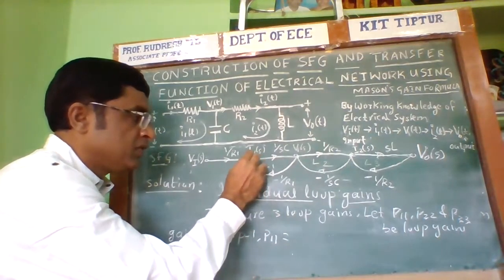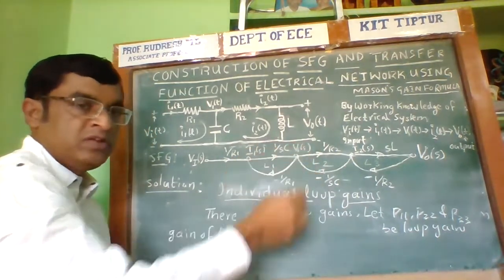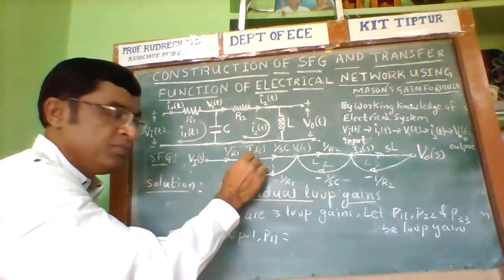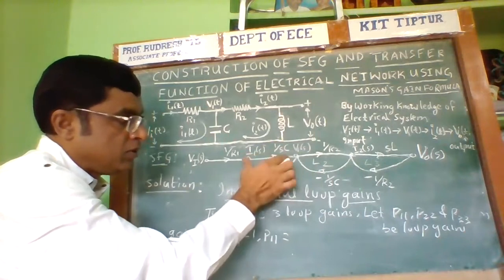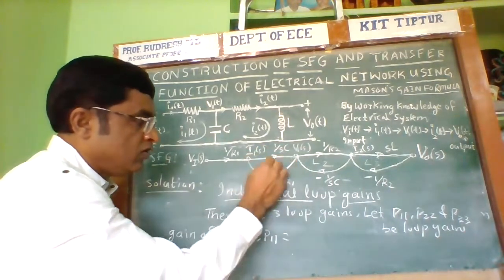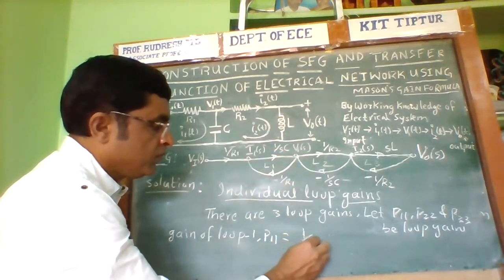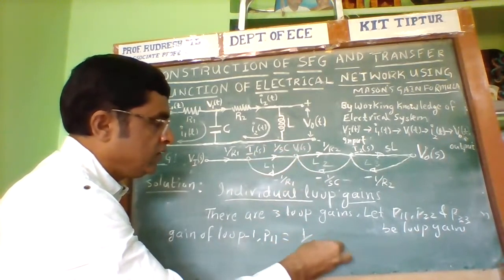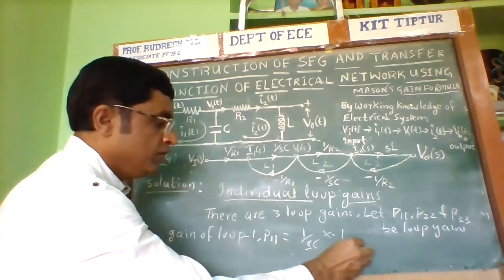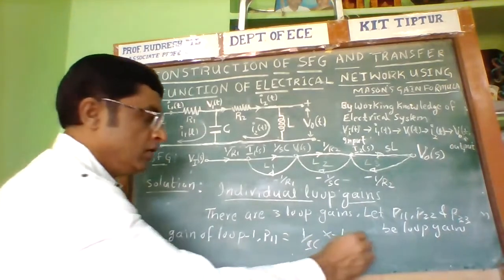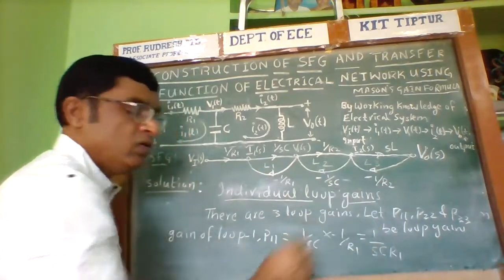Therefore, this starts from the I1 node, goes to the V1 node, passes through a certain part of the graph, and comes back to the same node. The gain is the product of the branch transmittances, so we multiply 1 over SC into minus 1 by R1. This gives 1 by S into SC into R1.